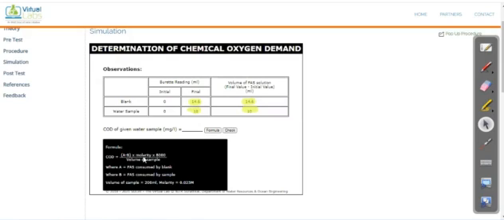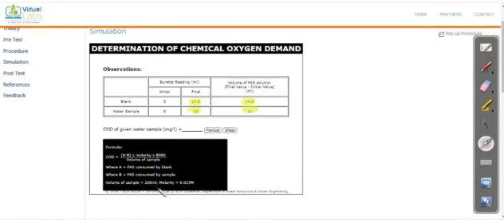Into the molarity, what is the molarity of the FAS? FAS has 0.025 M. Into the 8000, that is the constant term. This is constant. And then the volume of sample is how much? How much sample have you taken? So here the volume of sample is 200 ml.